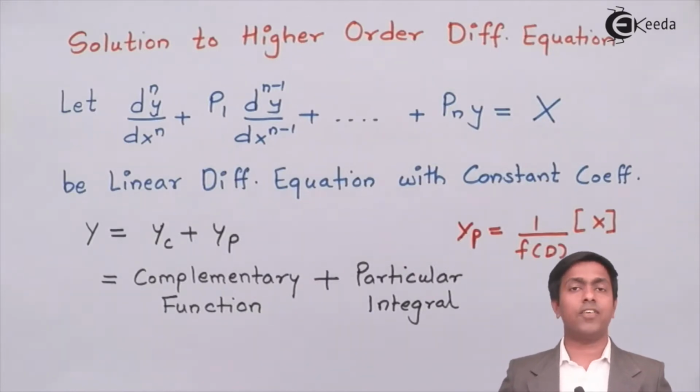So guys, whenever we get any higher order differential equation to find the solution, that time we replace the terms like dy by dx by capital D into y. So I'll show you that thing.